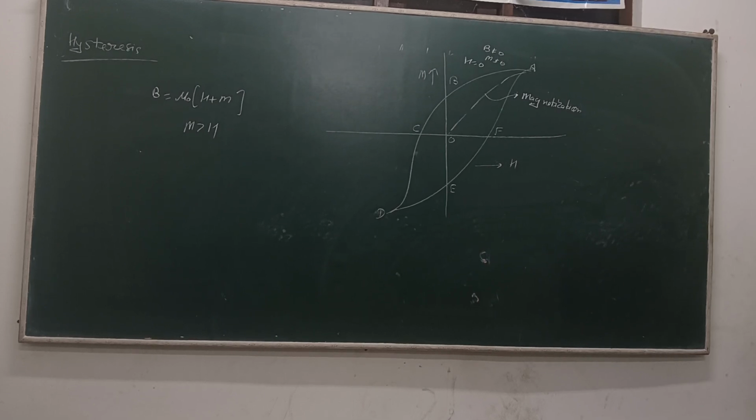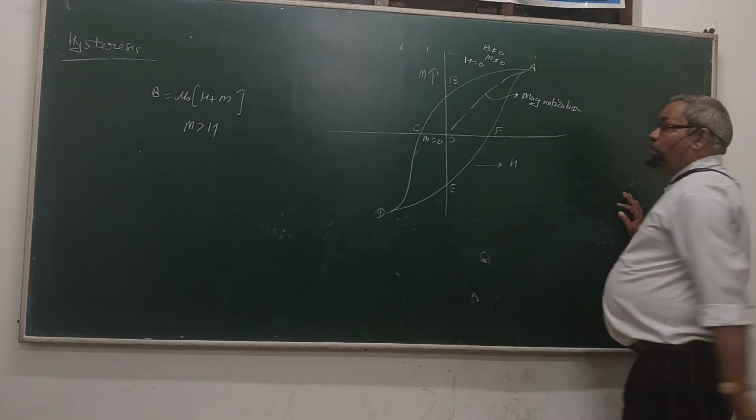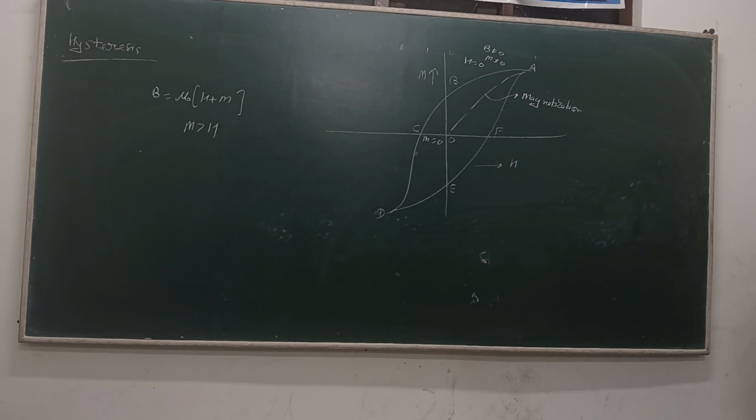On applying the reverse field, the value of M falls and finally becomes 0. OC is the value of the reverse field at which M, the magnetization, is 0. OC represents the reverse magnetic field needed to demagnetize the specimen.